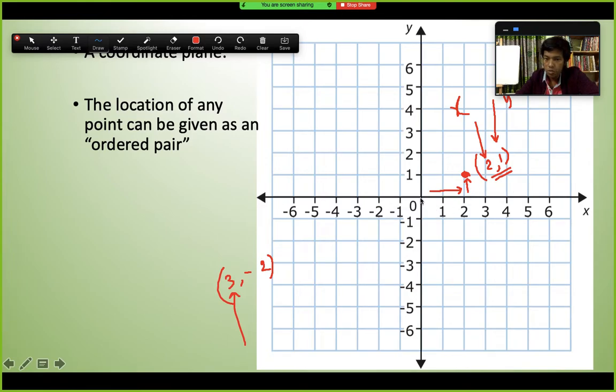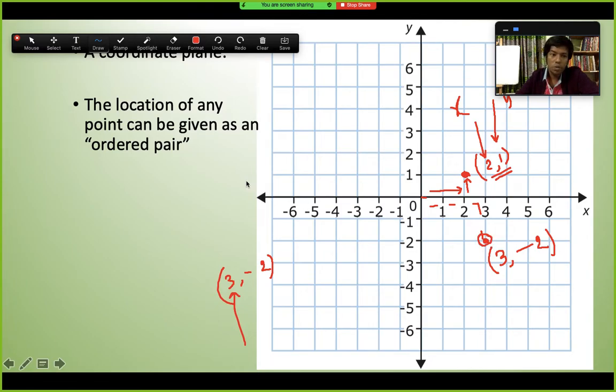See if my answer and your answer are the same. This is 3 and minus 2 is here. See, this is 3 boxes, 1, 2, 3 boxes. Then this side, 1 box, 2 boxes. So this point is 3, minus 2.